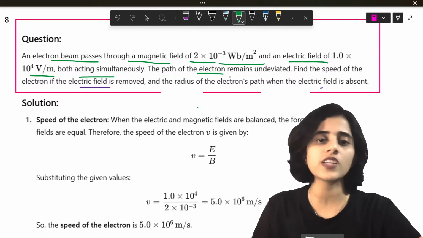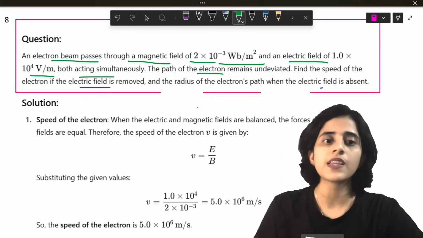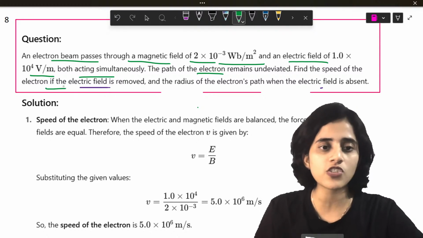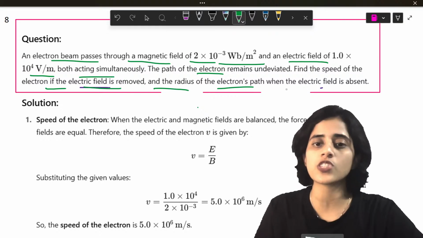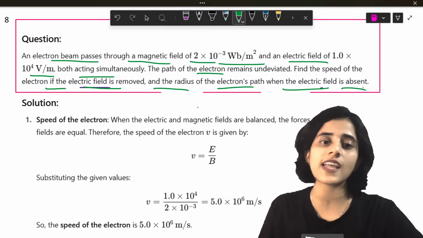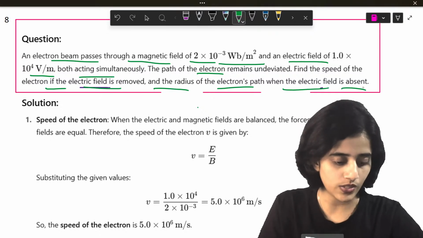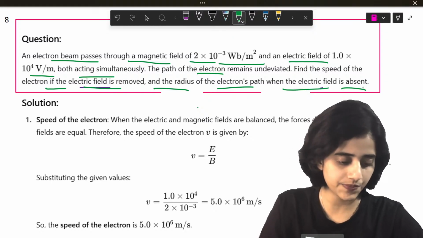The path of the electron remains undeviated. Find the speed of the electron if the electric field is removed, and the radius of the electron's path when the electric field is absent.